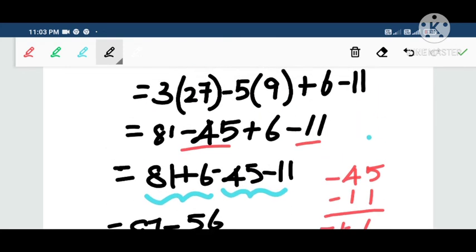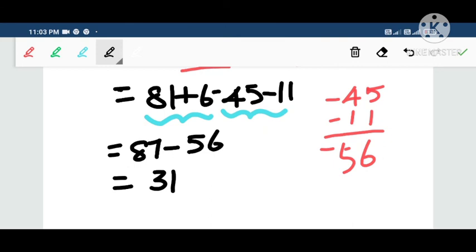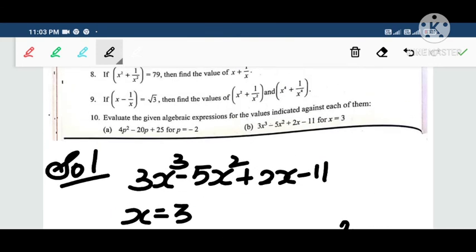So when I substitute the value instead of x, we get 31 as the value. Directly I compare the value here: 3 3s are 9, 9 3s are 27, so it becomes 81, and 3 3s are 9, 9 5s are minus 45, and 3 2s are plus 6, and then minus 11.